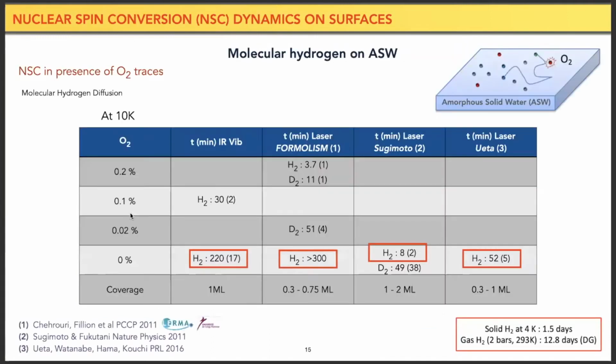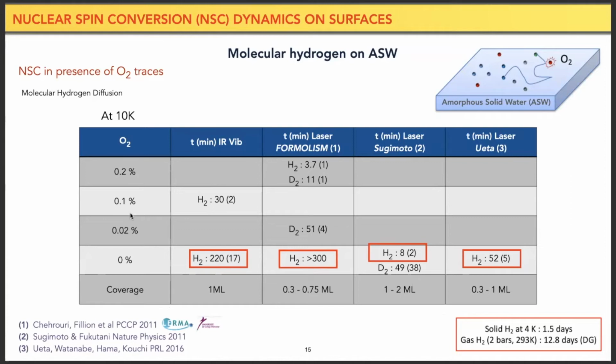Several studies on the nuclear spin conversion of H2 have been carried out, and the results found are very different. These are the two experiments that have been done at the LERMA.